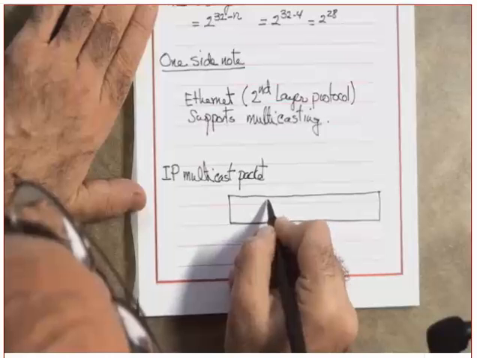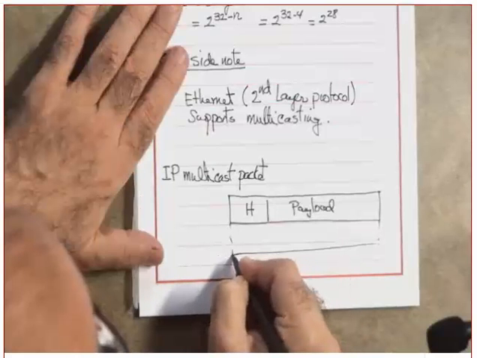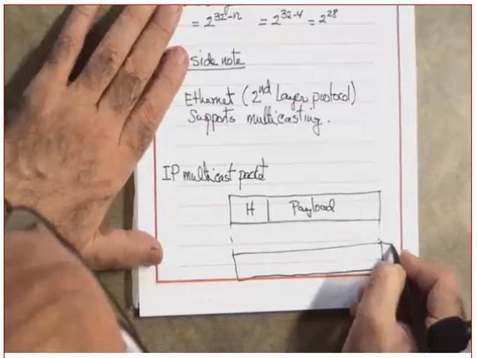Which is a 28 bits address. First what? The first 23 bits are mapped into what? Into the Ethernet multicast address. And the remaining 5 bits are ignored.